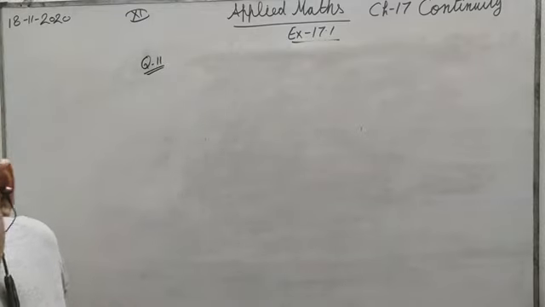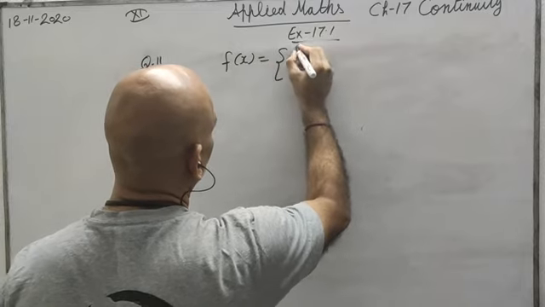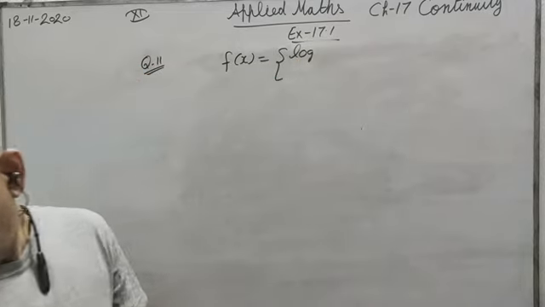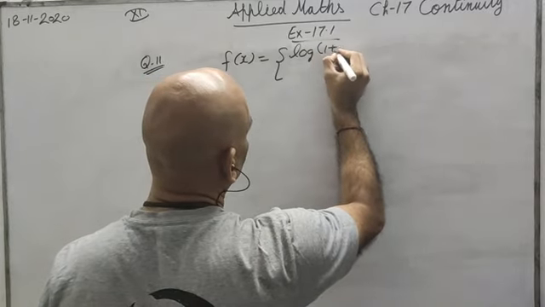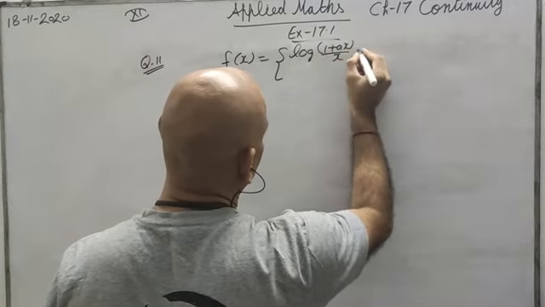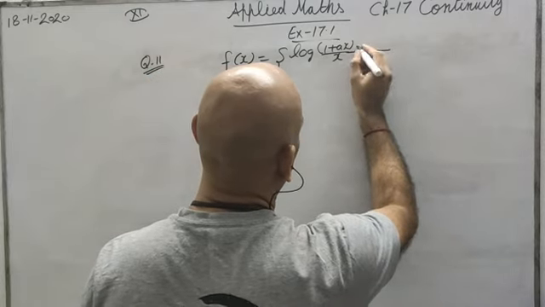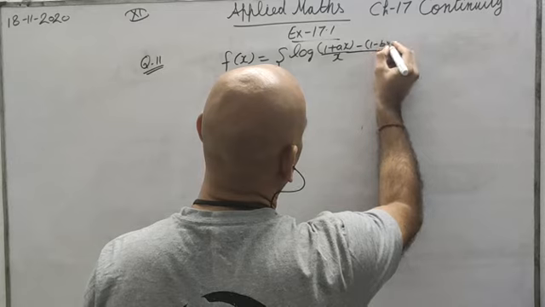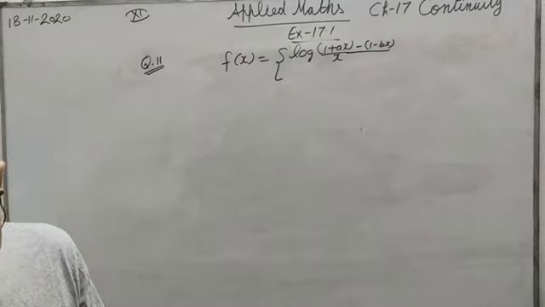What is happening in question number 11? f(x) is equal to log(1 plus ax) upon x, minus log(1 minus bx) upon x. Oh, there also it is written log.